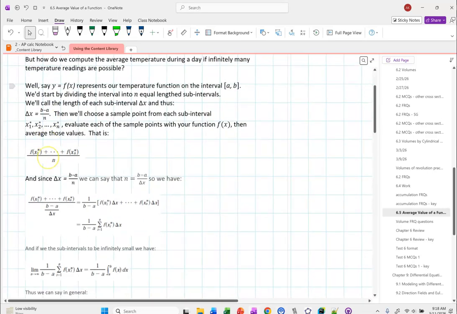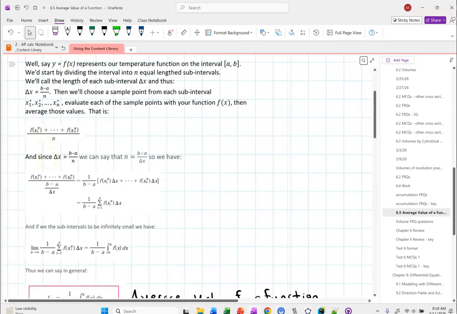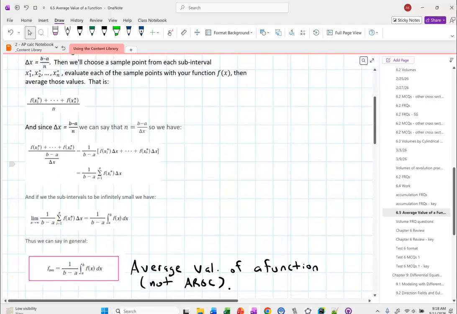We take these y coordinates from a function and divide by the number of points that we've chosen, right?